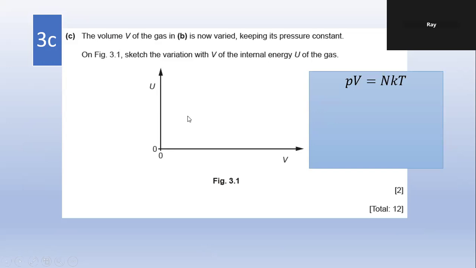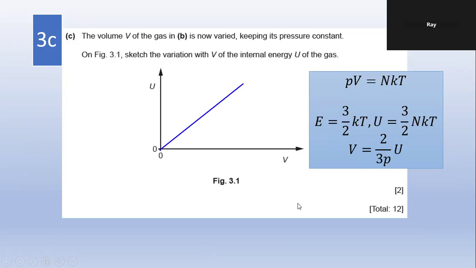You want U in terms of V. Kinetic energy is 3/2 kT, U is times N, that's all. Then NkT is PV. Right? Pressure is kept constant, so it's a straight line passing through the origin.